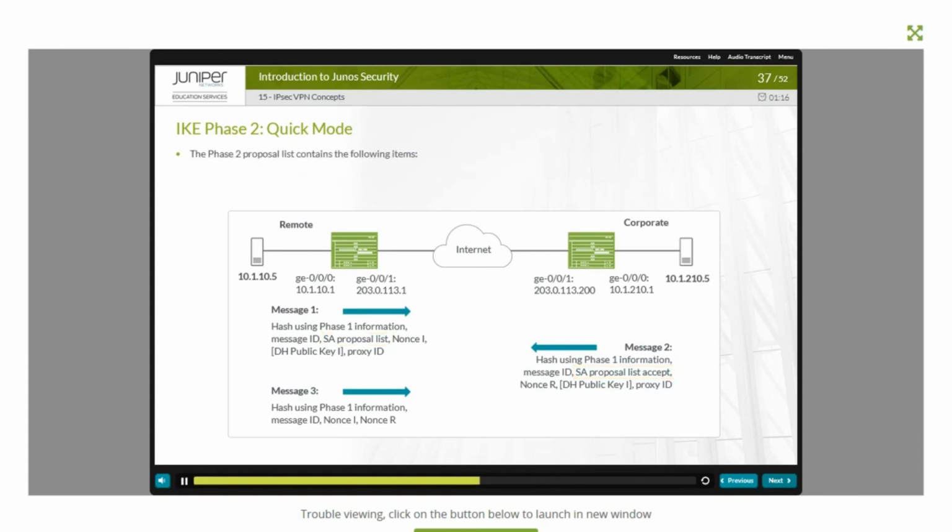The Phase 2 proposal list contains the following items: security protocol, encapsulating security payload or authentication header, or ESP-AH; DH group number, 0 for no PFS; DH public keys, optional if using PFS; encryption algorithm; authentication algorithm; key lifetime; and proxy ID policy rule. Message 3 acknowledges information sent from quick mode message 2 so that the Phase 2 tunnel can establish.